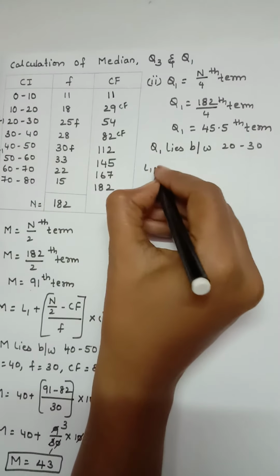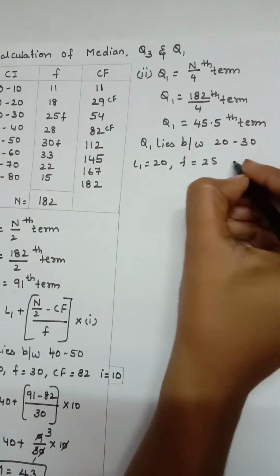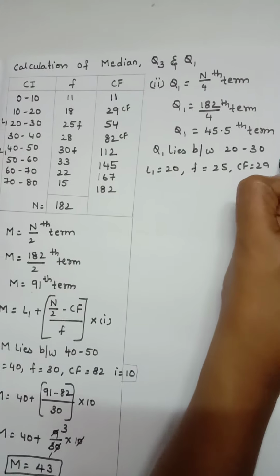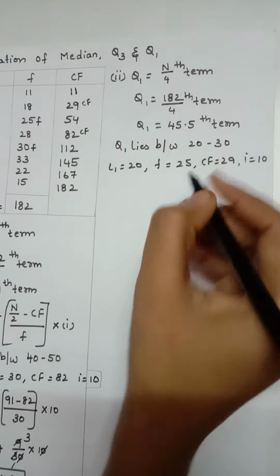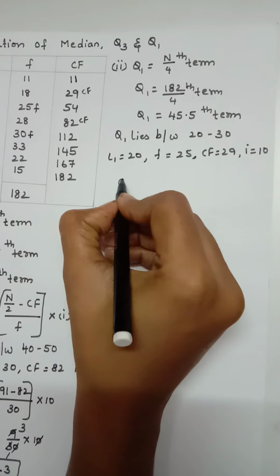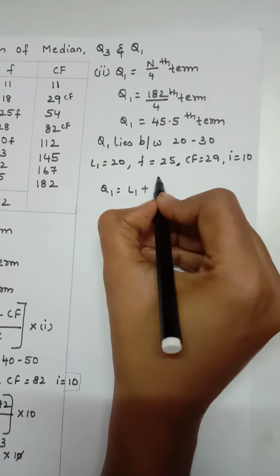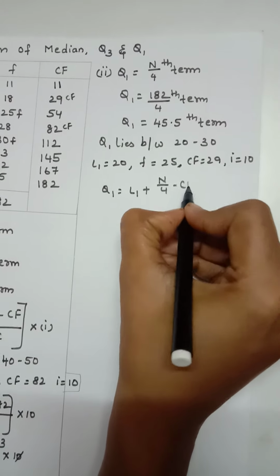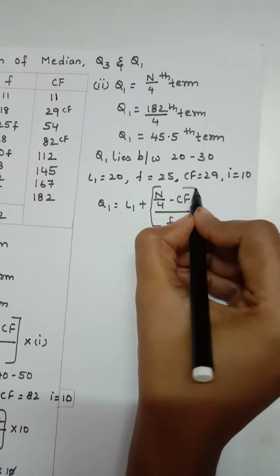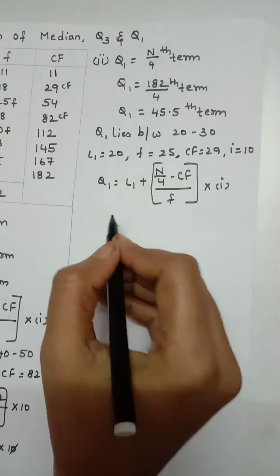So L1 becomes 20, F becomes 25, CF becomes 29, and I is equal to 10, the common factor. The Q1 formula is Q1 is equal to L1 plus n by 4 minus CF divided by F into I.